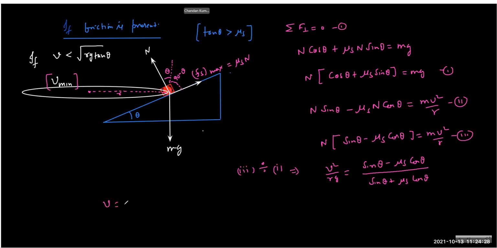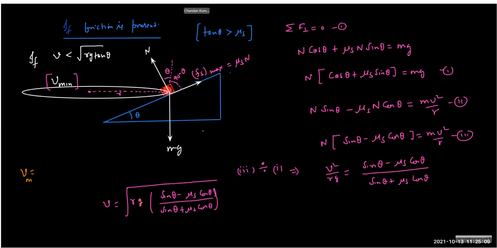So V becomes the square root of Rg times that expression. So V is this much.